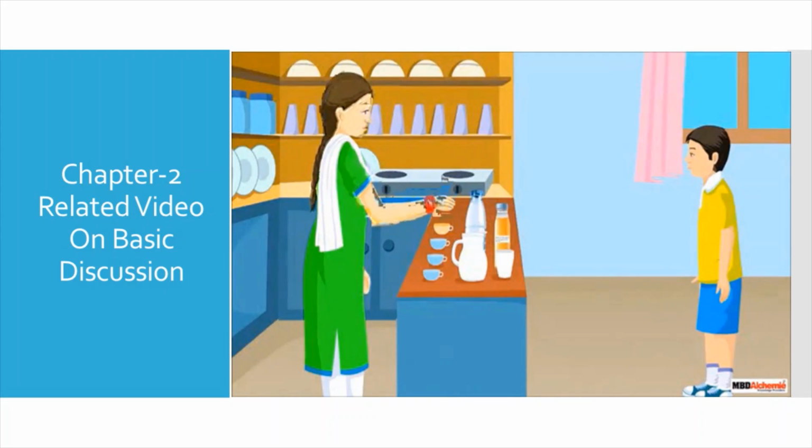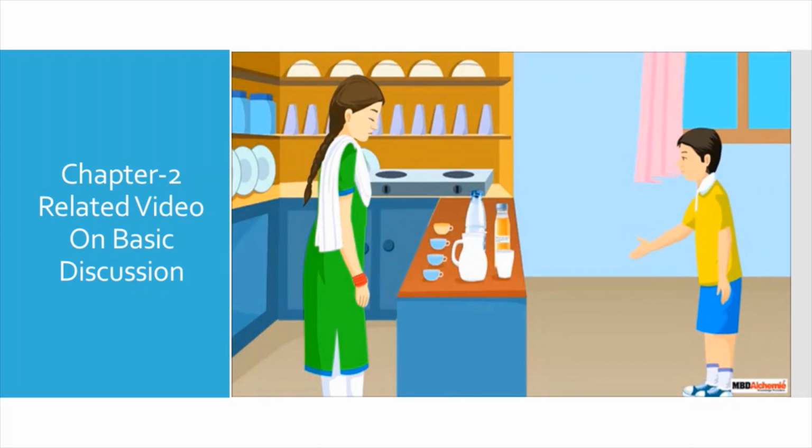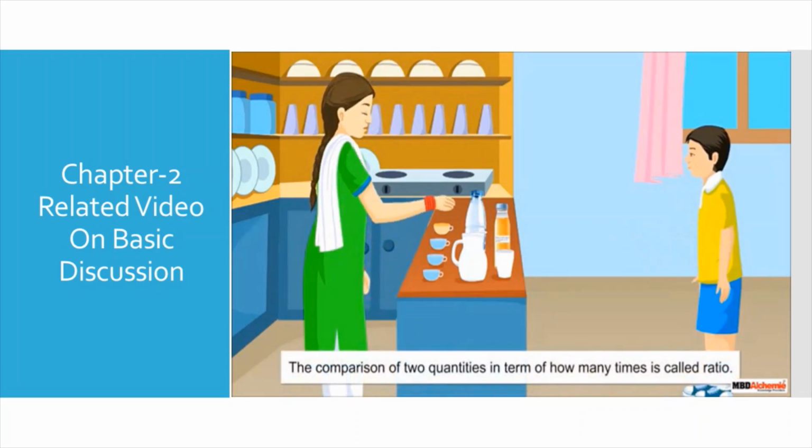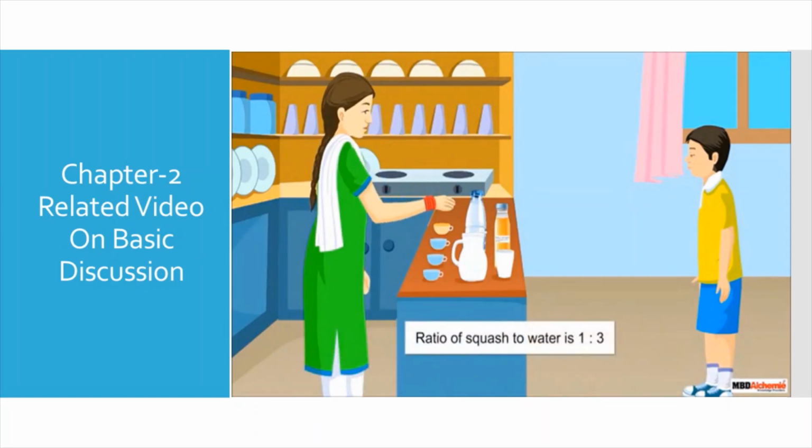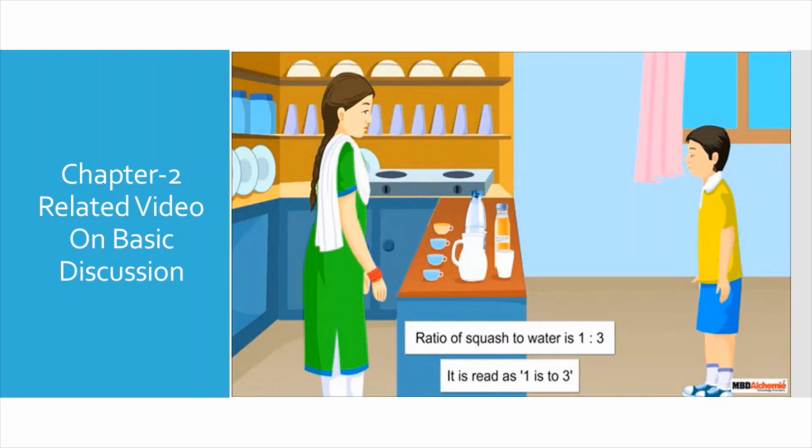You know, here you are comparing using ratios. What is a ratio? The comparison of 2 quantities in terms of how many times is called ratio. Here, the ratio of squash to water is 1:3, and it is read as 1 is to 3.